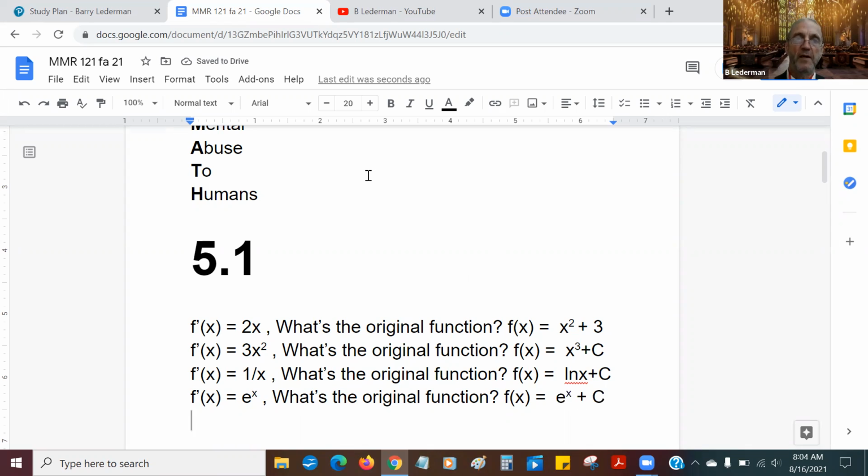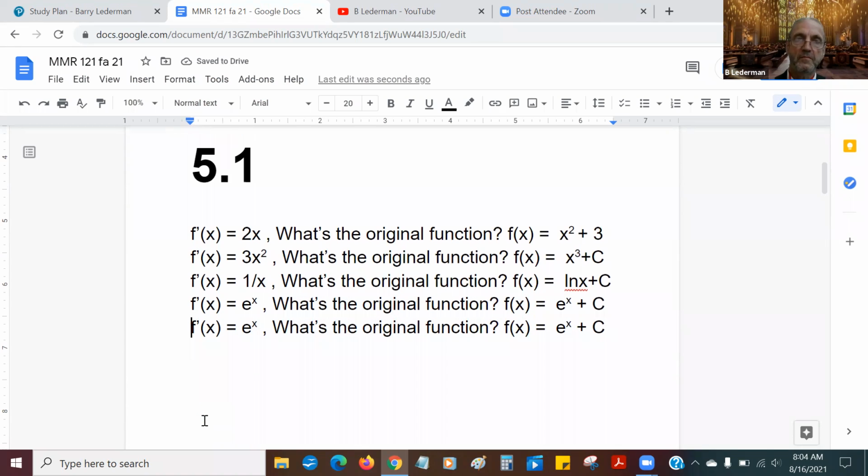Let me do another one now. Suppose f prime equals negative 1 over x squared.